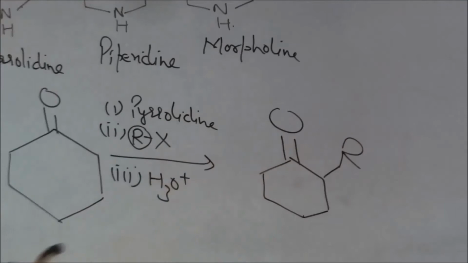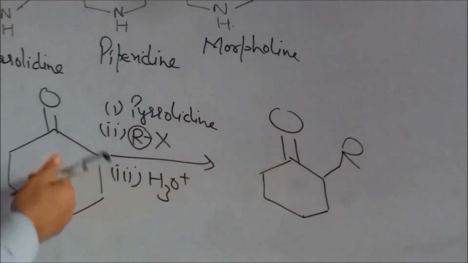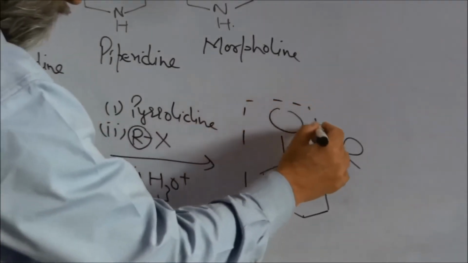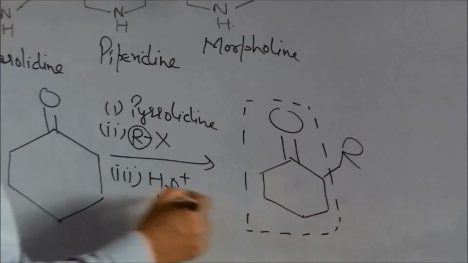So we can think of the conversion, identify the synthon, and then find the required alkyl halide.